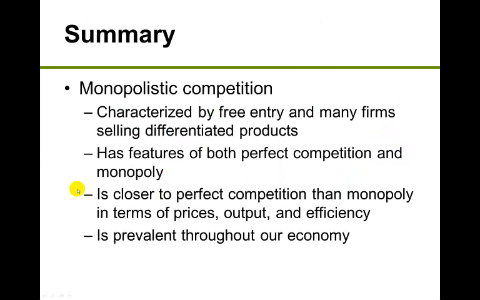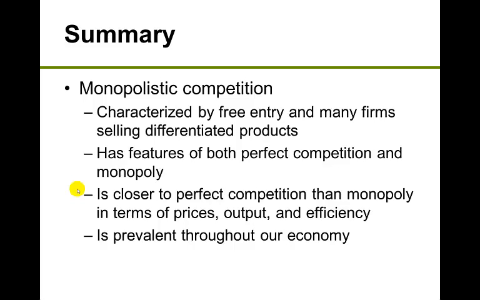So just a summary of what we've talked about so far. We've introduced another market structure, monopolistic competition. It is characterized by free entry and many firms selling differentiated products. It's kind of this hybrid of perfect competition and monopoly. And as far as market structures go, it's probably the most realistic and prevalent market structure in our economy.